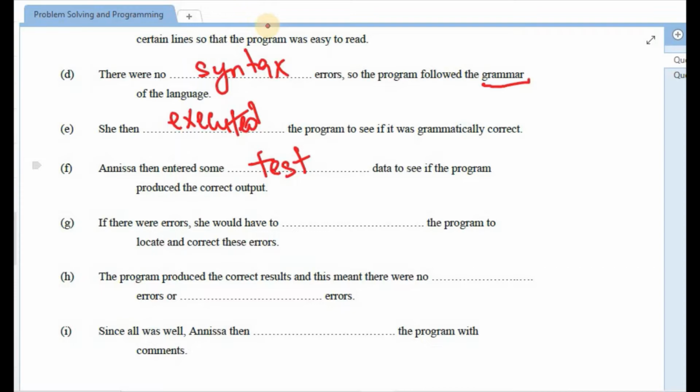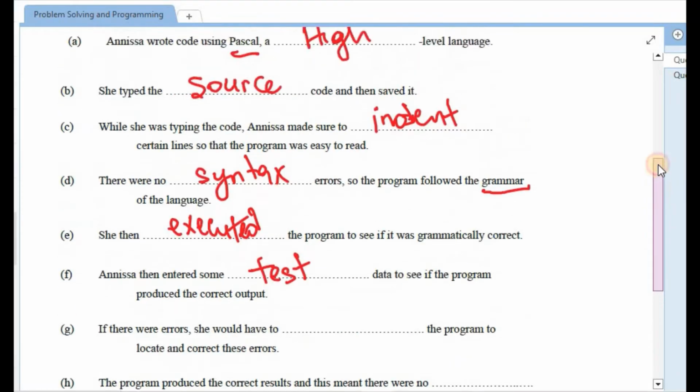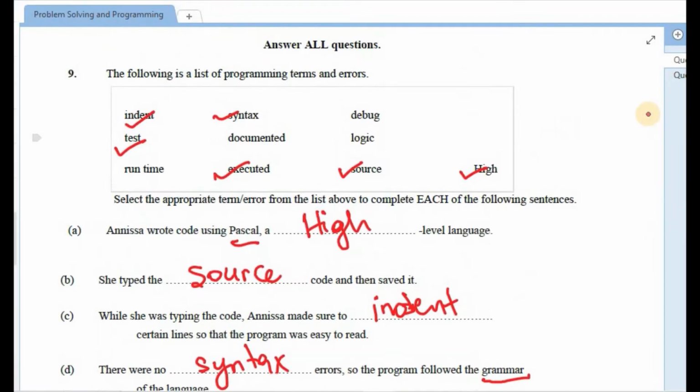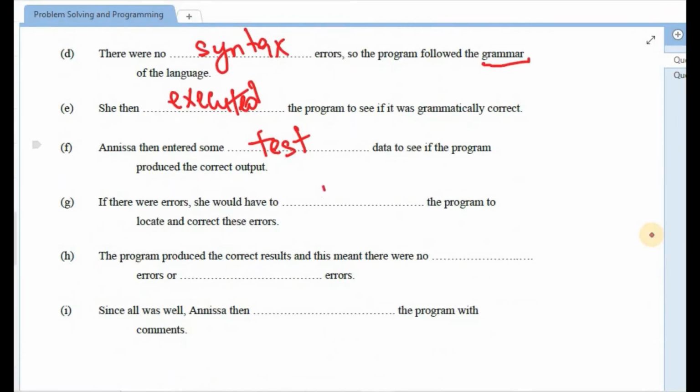G says if there were errors, she would have to dash the program to locate and correct the errors. Which term is most suitable in order for Anissa to locate and correct the errors? She would have to implement the debug method. So, to debug the program.